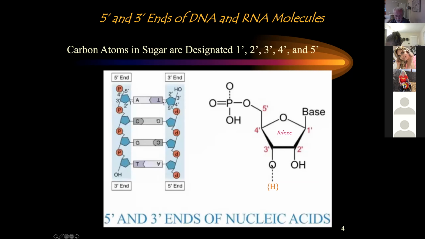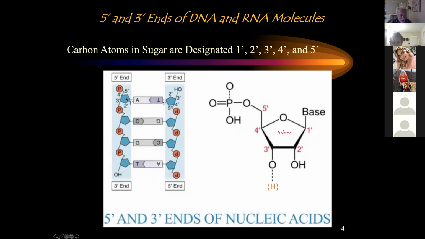So on the 3' carbon, there's an oxygen, and then it's hooked to the next nucleotide. On the 5' carbon, there's a phosphate, which is hooked to the next nucleotide. So you see that here. Phosphate joins them, hydroxyl joins them. But then at some point, you come to the end. And if it's at one end, there's a hydroxyl, and that is called the 3' end, because this hydroxyl is on the 3' carbon of the sugar.